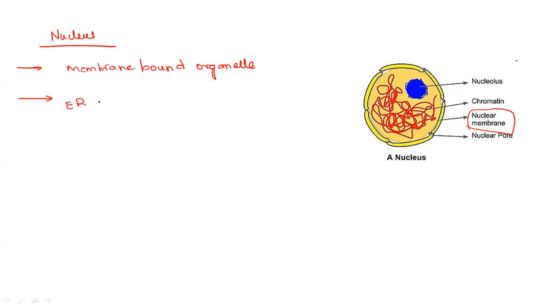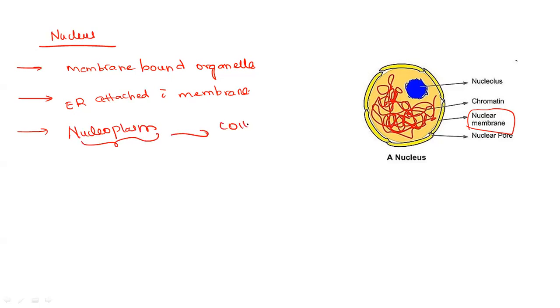Remember that. Now, what is present inside the nucleus? The matrix inside the nucleus is called nucleoplasm, and the type of solution present inside it is a colloidal solution.